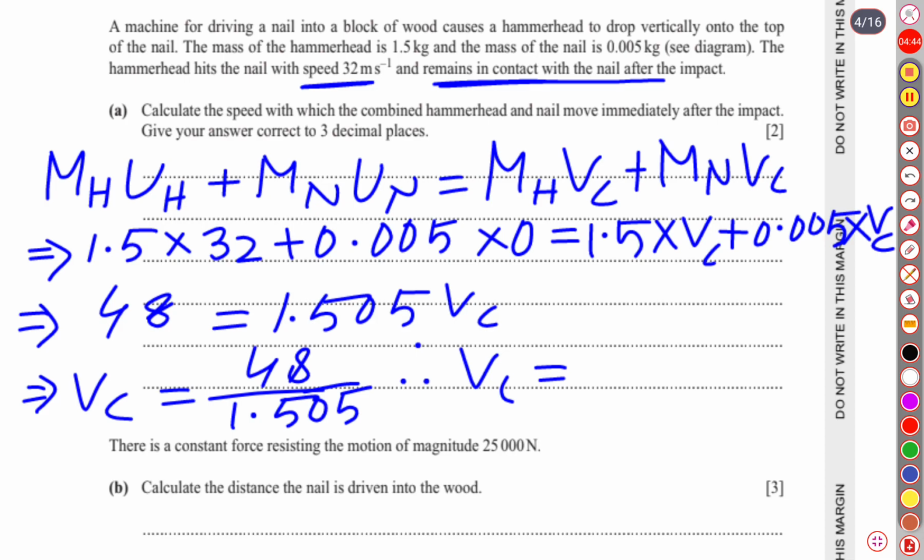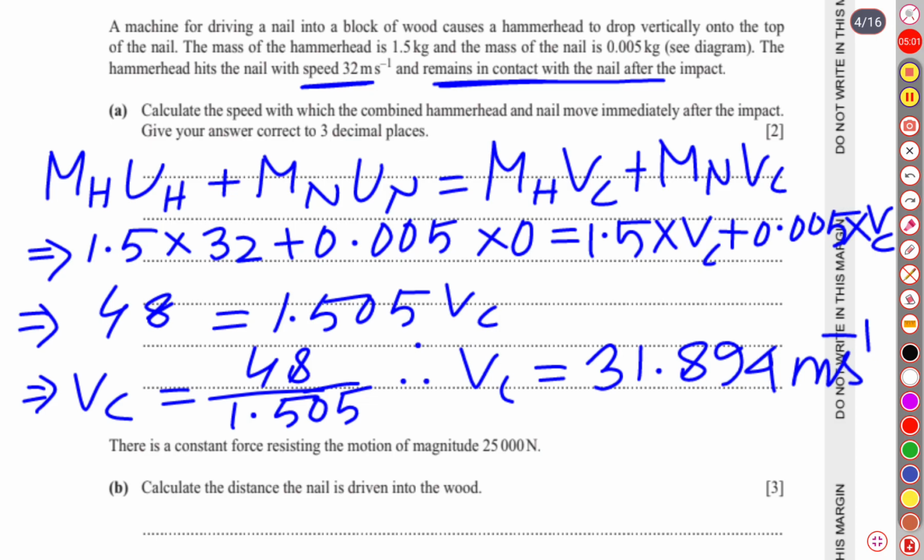So if we round it to three decimal places, it is going to be 31.894, the velocity of the nail after collision. So that is our answer.